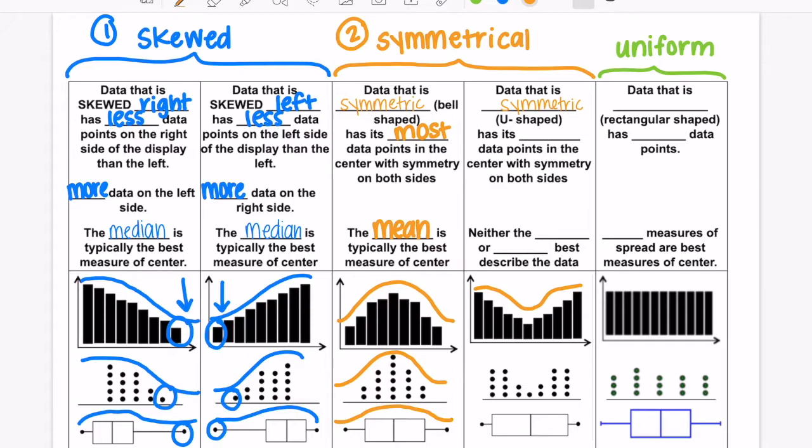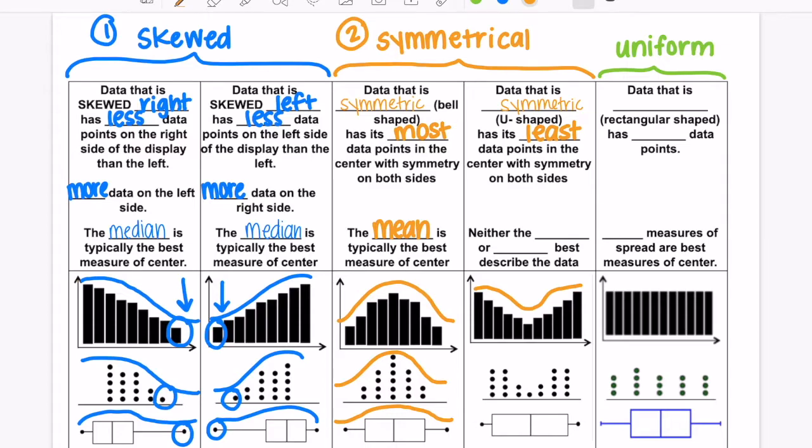Then we have the symmetric, but this time it's U-shaped. It's kind of the opposite of the bell shape. It's still symmetric on both sides, but this has the least amount of data in the middle, and it's still symmetric on each side. So it has its least amount of data points in the center.